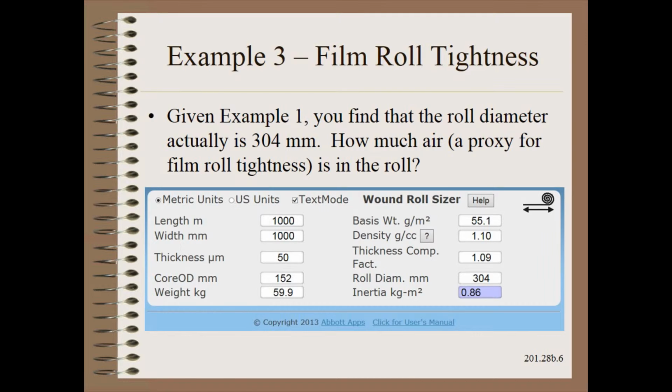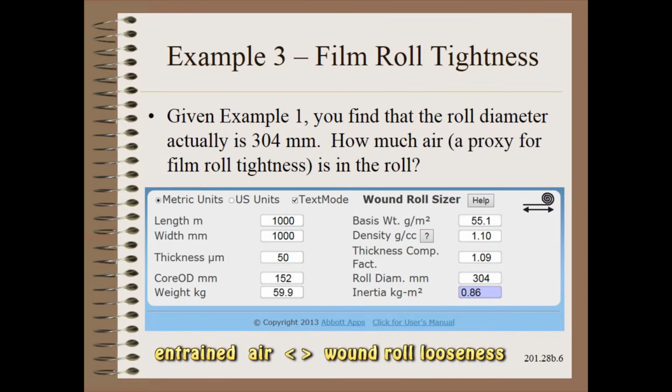Making use of what we learned in the winding theory module of Web 101, we know with film that the amount of air and tightness are monotonically connected. In other words, you cannot make the roll looser unless you allow more air in, and if you allow more air in the roll, it will get looser.